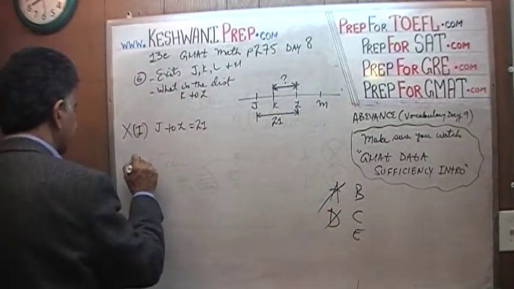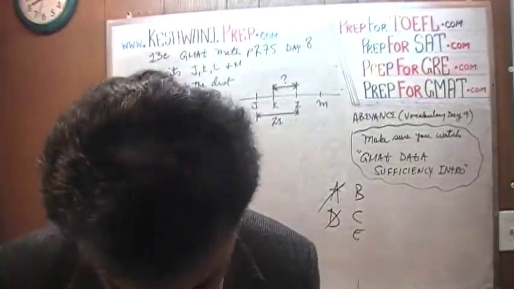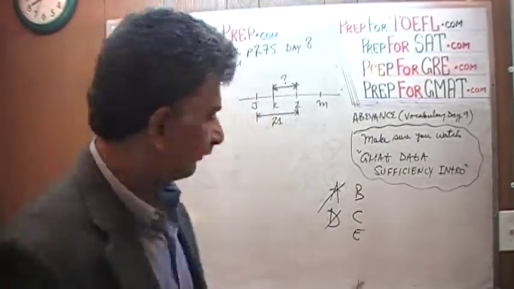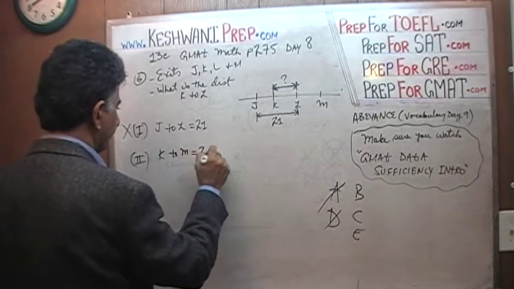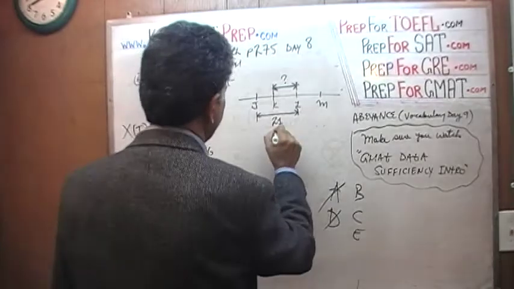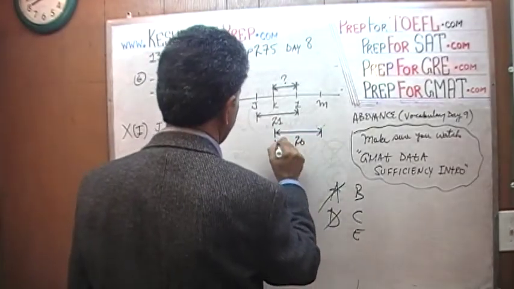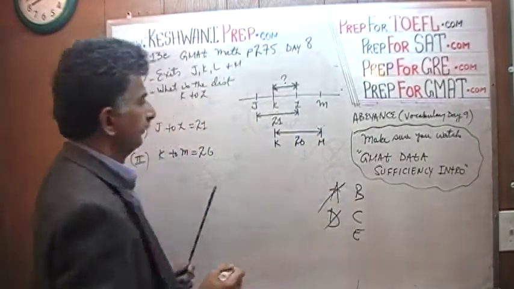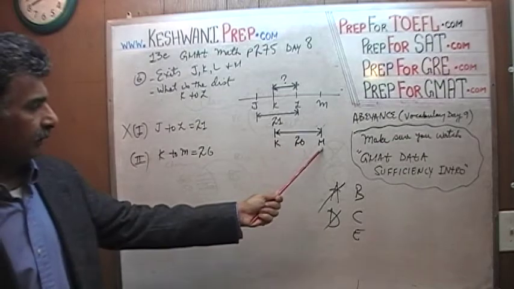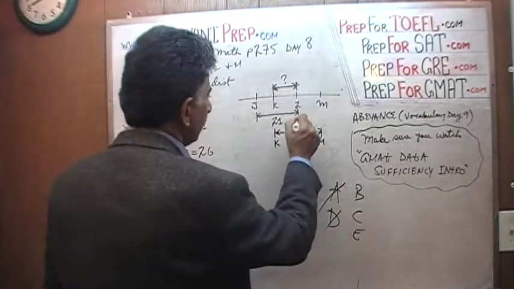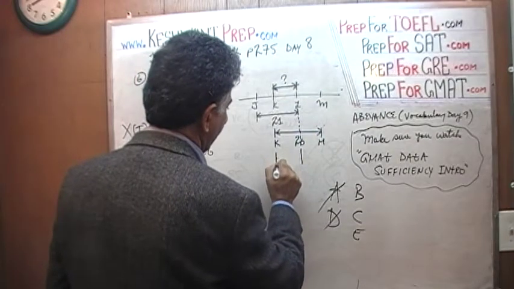Let's look at the second statement. The second statement goes on to tell us that K to M is 26. So let's put down K to M is 26. That statement by itself, knowing that K to M is 26, is that going to help us answer our question?